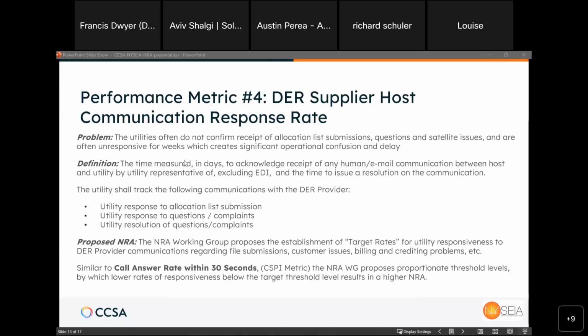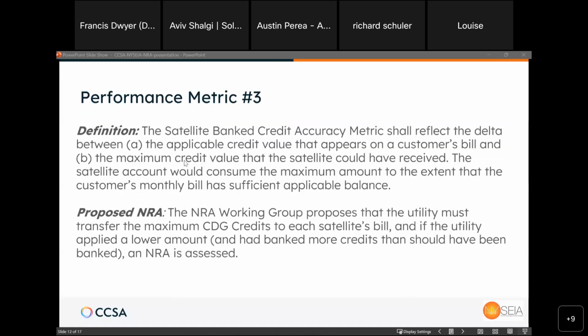I completely understand that it will take time for the utilities to figure out how much should be banked versus how much should be applied, which is again why we're giving you a full billing cycle, because the satellite is going to get either estimated or actually have their meter read sometime during a full billing cycle.